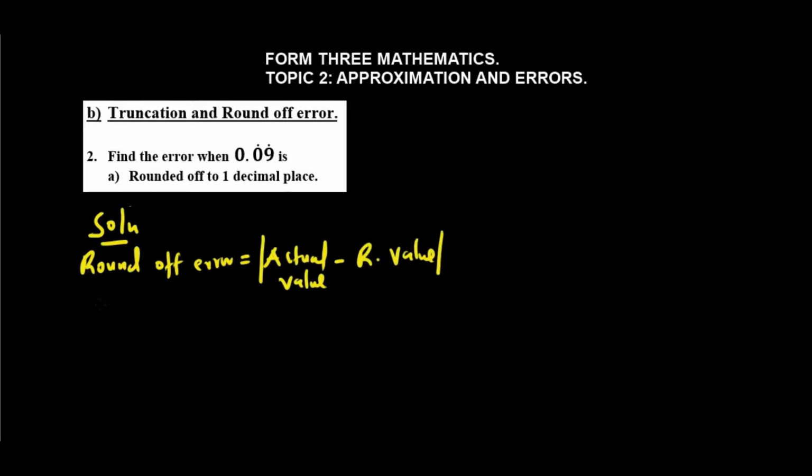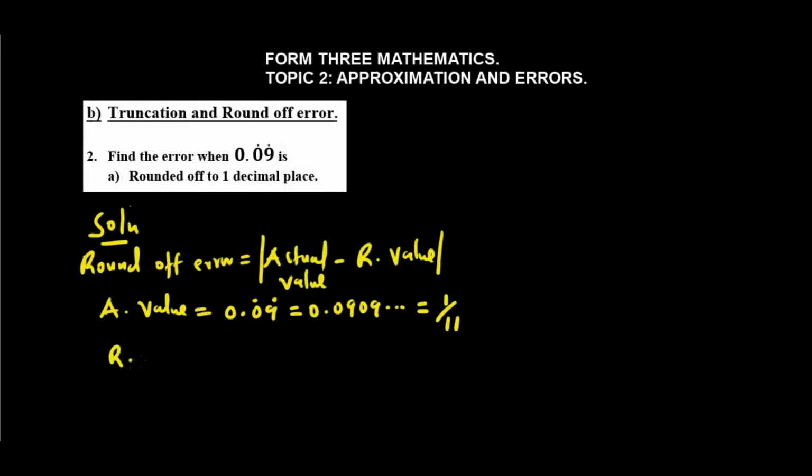So for our case, the actual value is 0.09 recurring, which can also be written as 0.0909 recurring, and that as a fraction is 1 over 11.